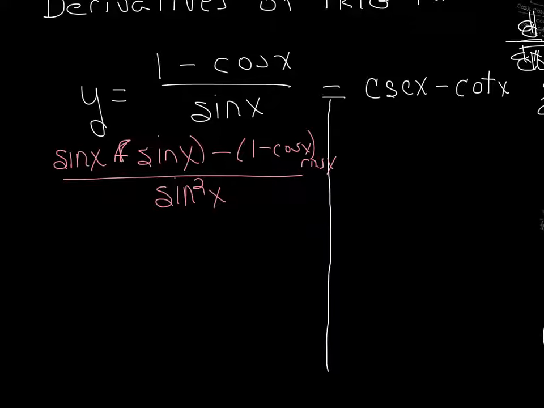So let's go over that again. The sine of x times the sine of x, which is the derivative of the numerator, minus the numerator times the derivative of the denominator, which was a cosine of x. So in the numerator, I have sine squared of x minus cosine of x.